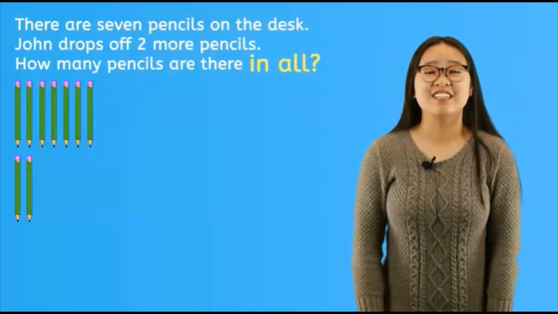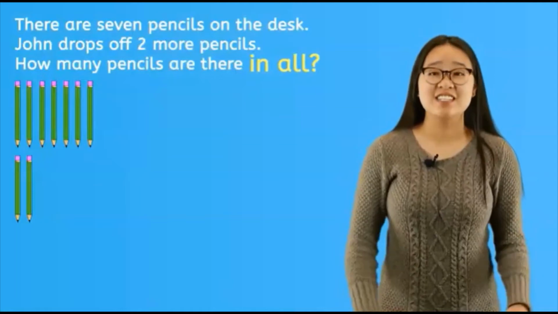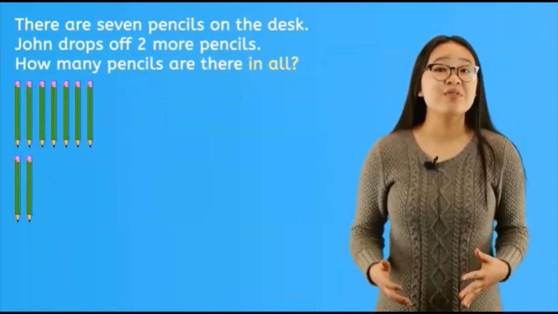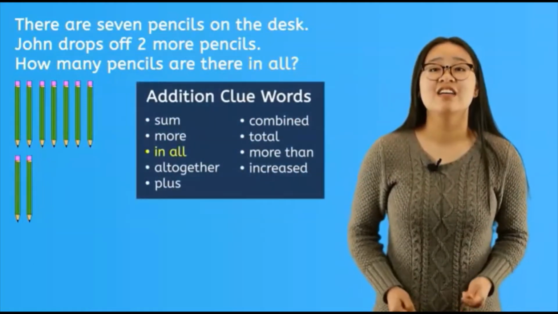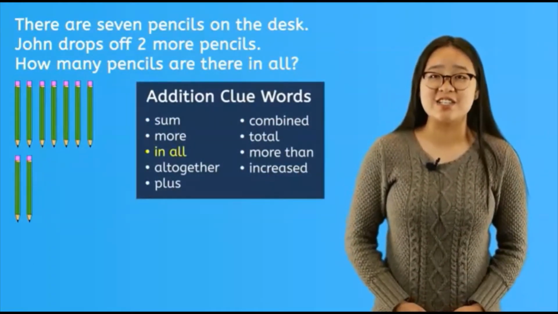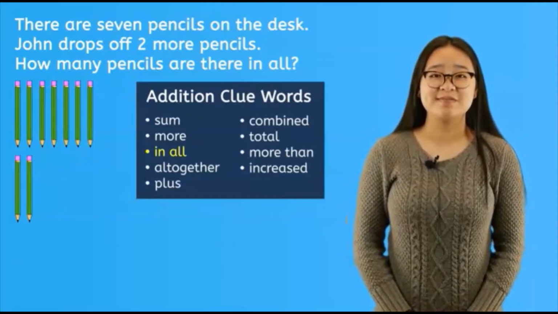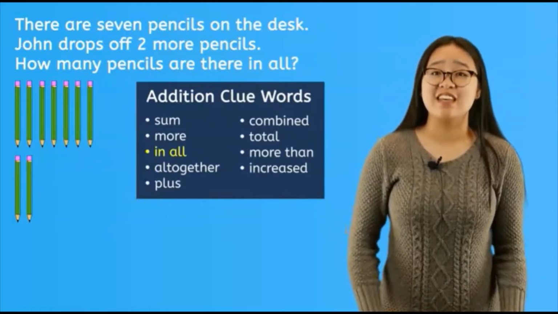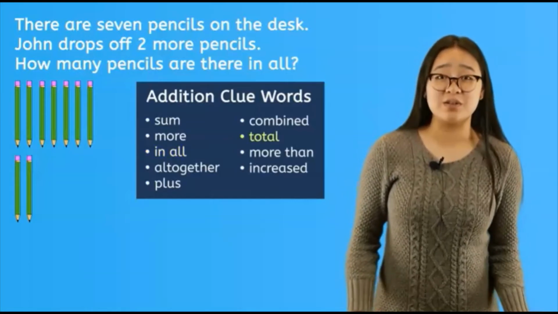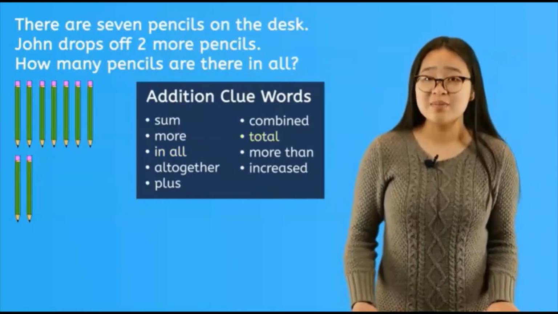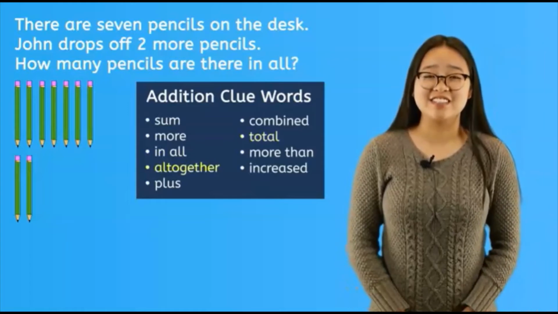Yes, you are right. In all is a clue. You remembered from the word list given before that in all is a clue to use addition in this problem. How many pencils in all? Or how many pencils in total? Or how many pencils all together?